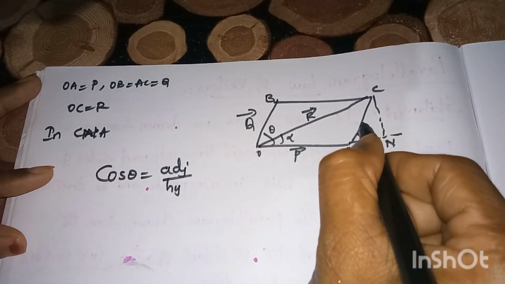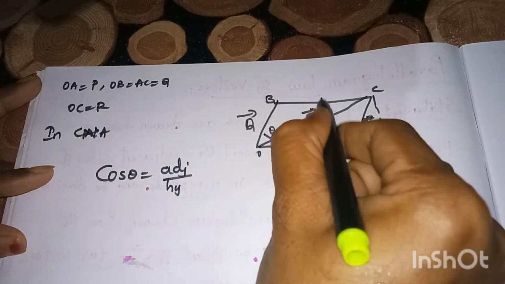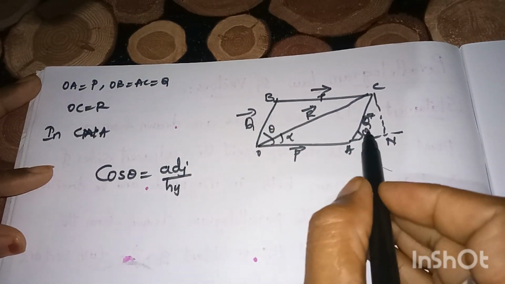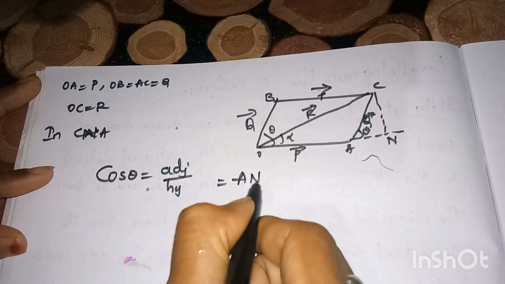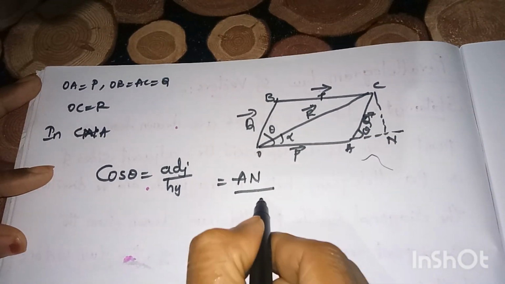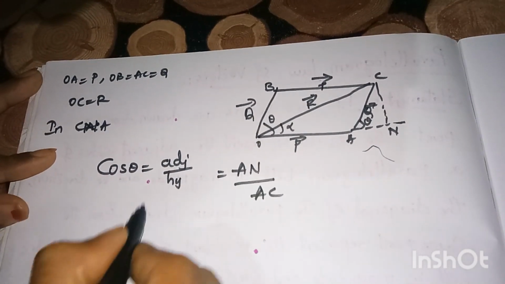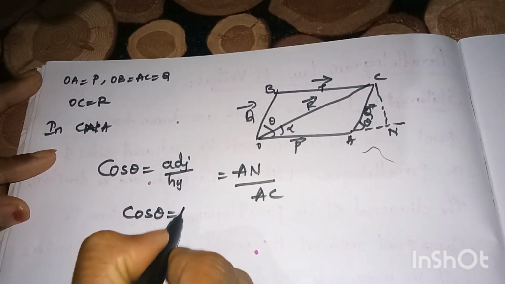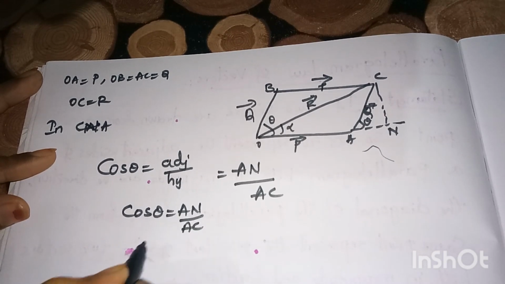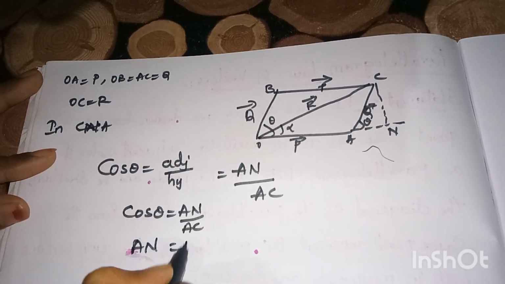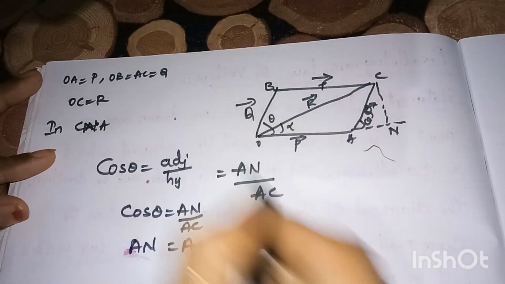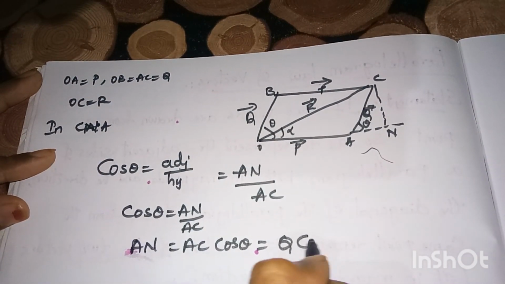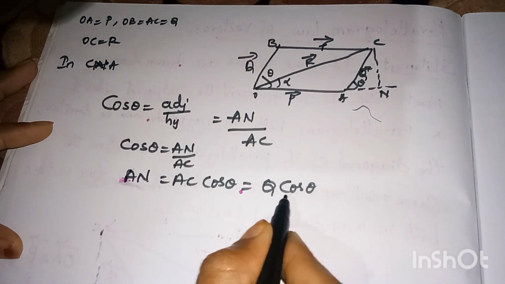So this is Q bar, this is P bar. The adjacent to theta is AN, and the hypotenuse is AC. So cos theta is equal to AN by AC. So AN equals AC cos theta. What is AC here? AC is Q. So AN is Q cos theta.